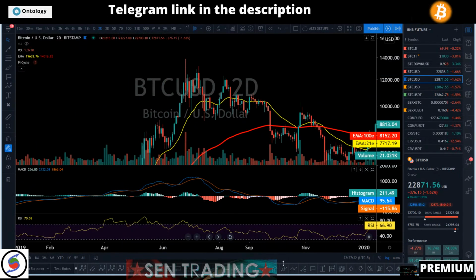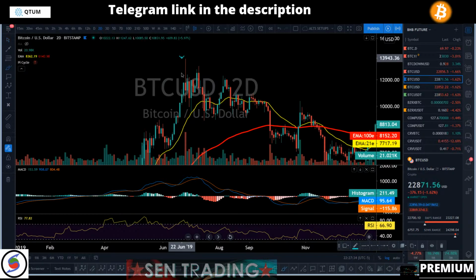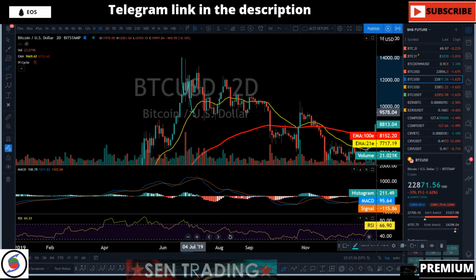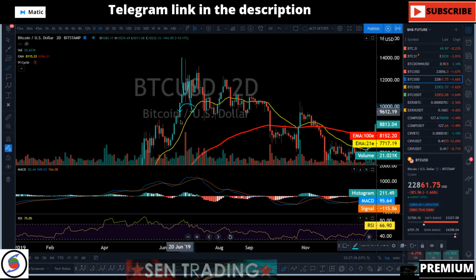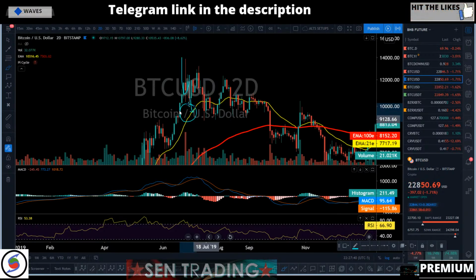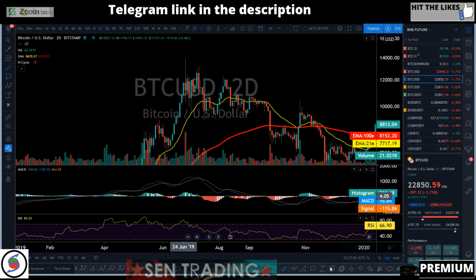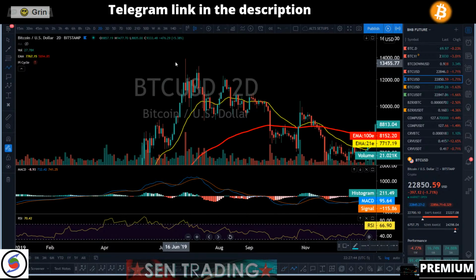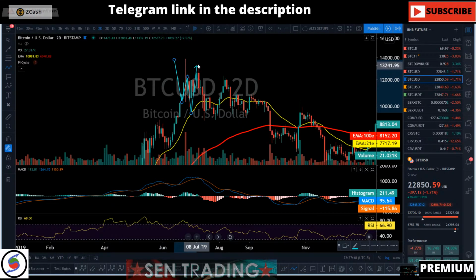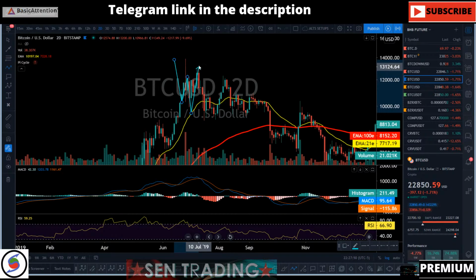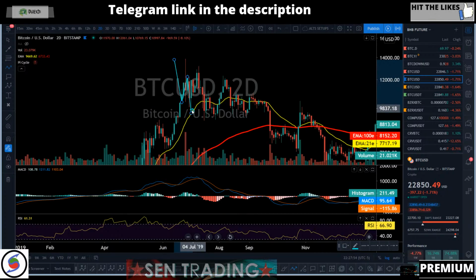If you take a look at it right here, we did drop in a 3-way move on a lower degree, retesting the 21 EMA on a 2-day basis. After that, market structure decided to pump right back up to like a 0.786. As you can see, that's a second retest after the retest of the 21 EMA.